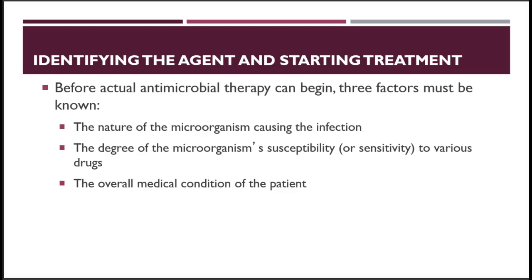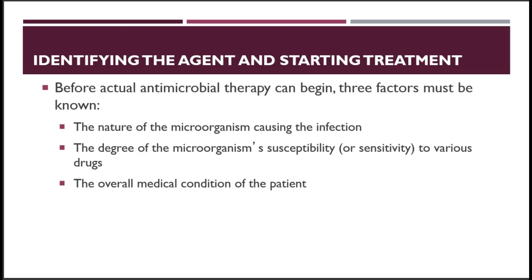So before we start an antimicrobial treatment, there are some things that we want to know first, and that is the nature of the microorganism. So what is the organism that is causing the infection? Is it gram-positive, gram-negative? Is it E. coli, Staphylococcus? Is it fungus?